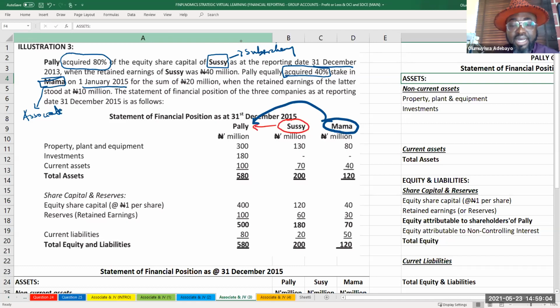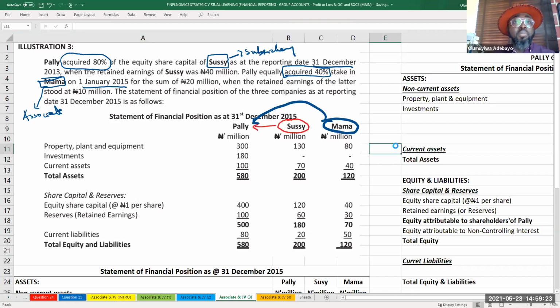The first question I would now ask is that there is a group. How many members are in this group? Who can answer that?